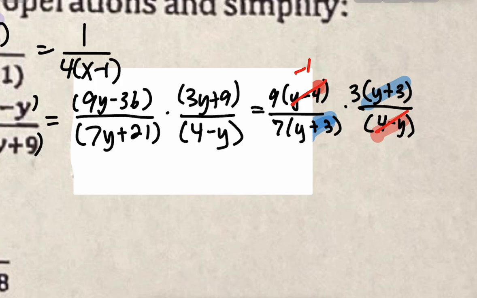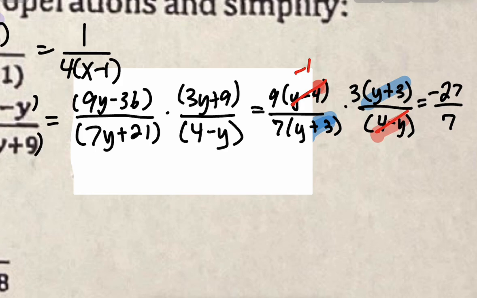Now, the numerical components, on top we have a 9 and a 3. Those are not divisible by 7. So, yeah, we're kind of done. So on top, all of our algebraic components have canceled. We are left with a -1 times 9 times 3. Let's just call that a -27. And then 7 times 1, or just a 7, is left in our denominator.